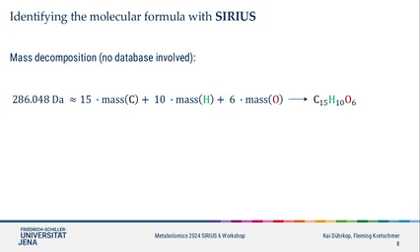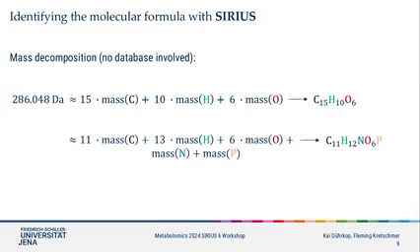And the idea of mass decomposition is basically to reverse this process. So give it a mass, and enumerate all molecular formulas that have this mass. Unfortunately, usually you get multiple molecular formulas which have indistinguishable masses, and you have to distinguish them.